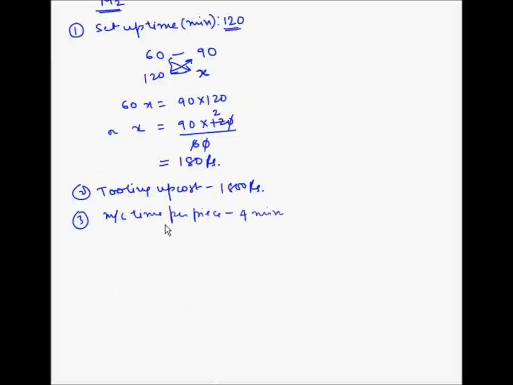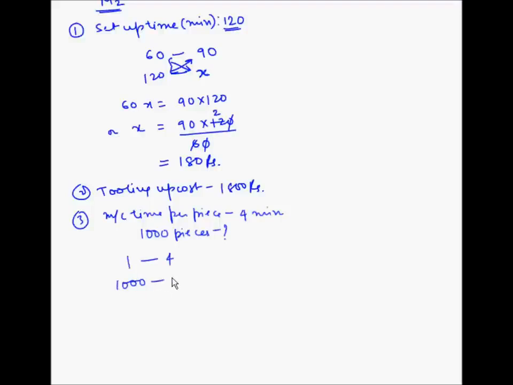So for one piece to be processed on machine M2, 4 minutes are required. So how much time is required for processing 1000 pieces? Because we have to process 1000 pieces on M2. So for one piece, 4 minutes.